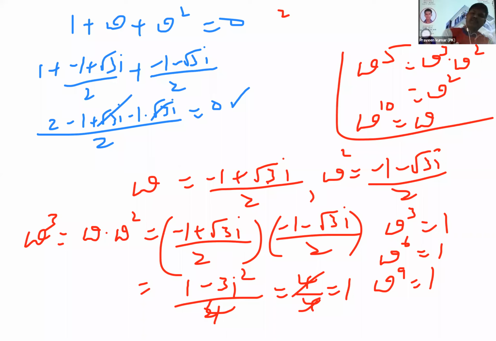Minus 1 whole square, 2 root 3i, minus plus 3i square, minus 4. Same, that's right. That only is omega square, no? Omega into omega square, same you will get negative. Completed. Now I will start the problem.